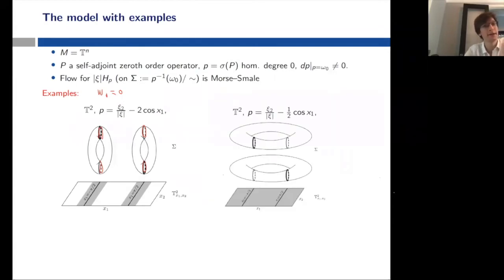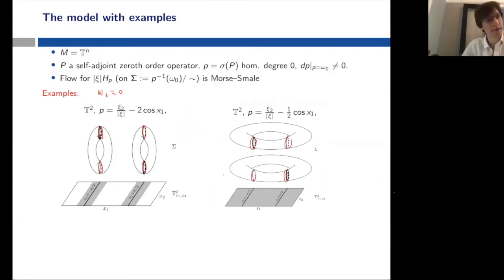You can change that example slightly, right? You can just change the size of this cosine, and what happens then is your sigma, this quotient of your energy surface, the tori join together in a different way, but the hyperbolic limit cycles are the same. Okay, so these are still exactly the same hyperbolic limit cycles.